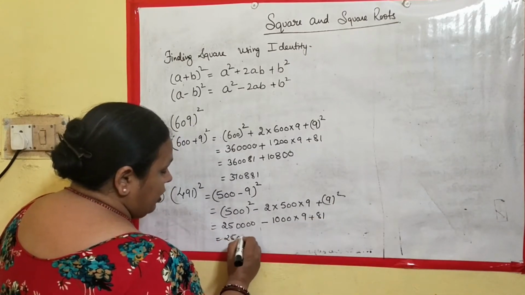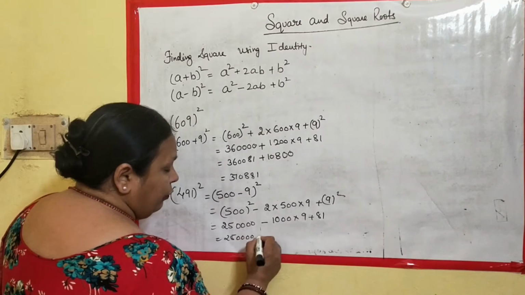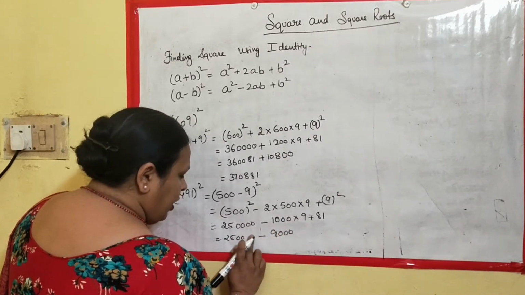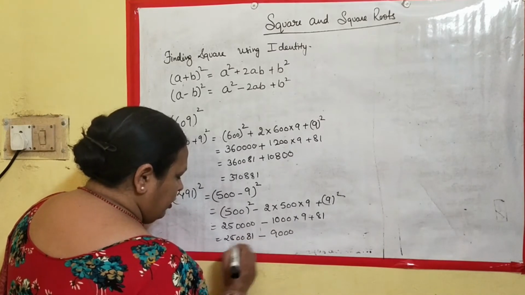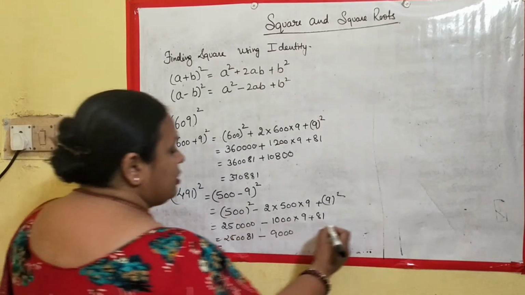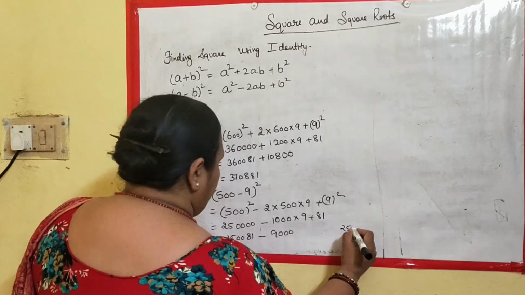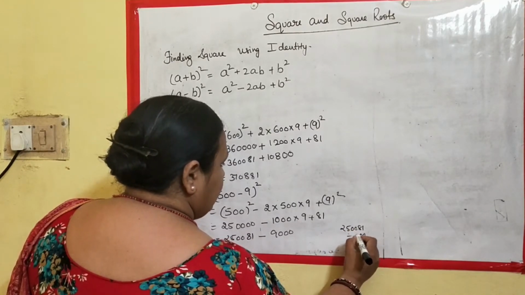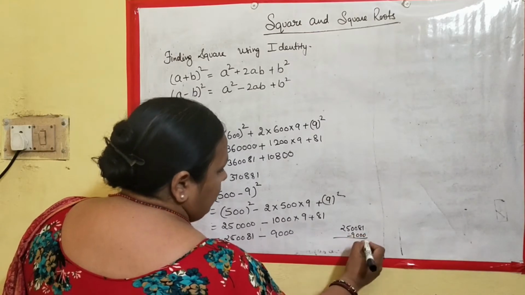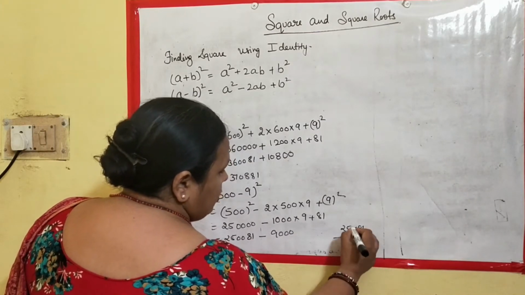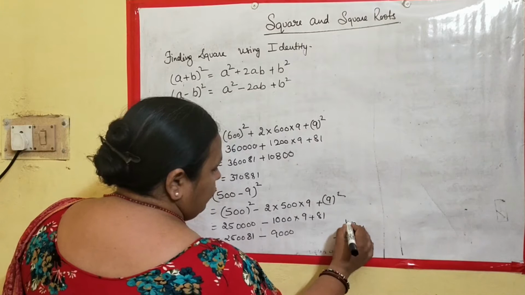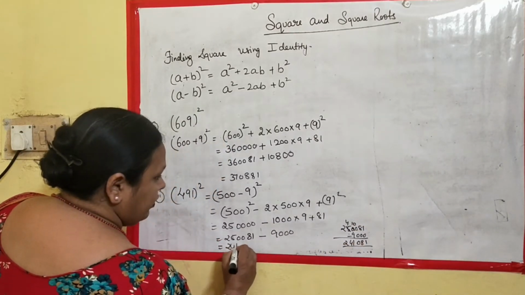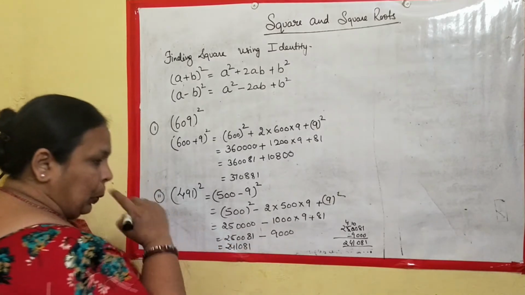This becomes 250000 minus 9000, and if you add 81 here and then subtract this, that is 250081 minus 9000. So the answer is 241081. Clear?